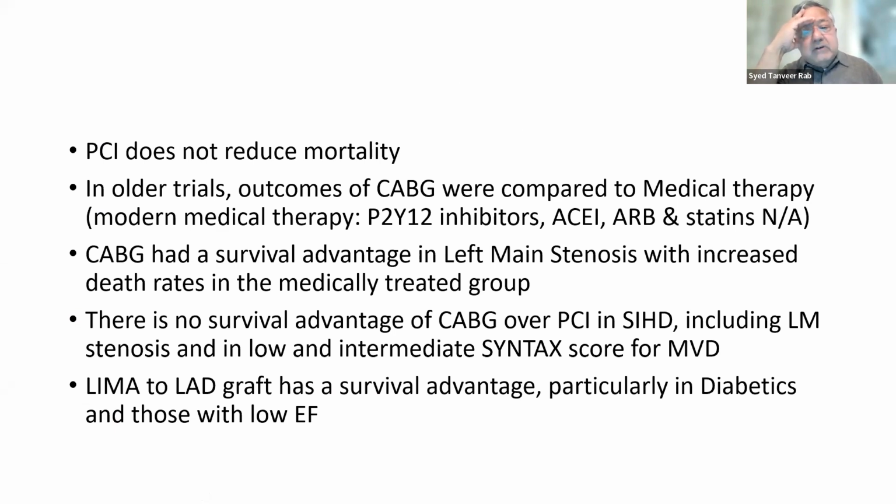And there's no survival advantage of CABG or PCI in stable ischemic heart disease. We're not talking about STEMI or ACS. Particularly stable CAD, including left main stenosis with low to intermediate SYNTAX scores, CABG has no advantage over PCI, okay? And for patients with diabetes, LIMA to LAD graft is superior, particularly in diabetics with low EF, okay?